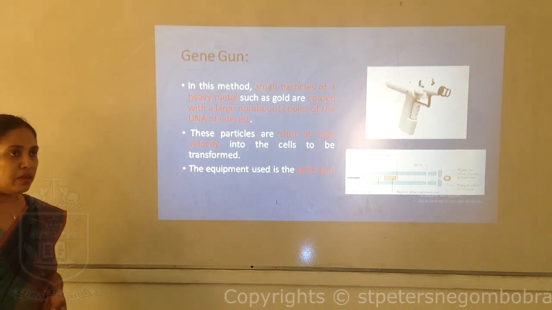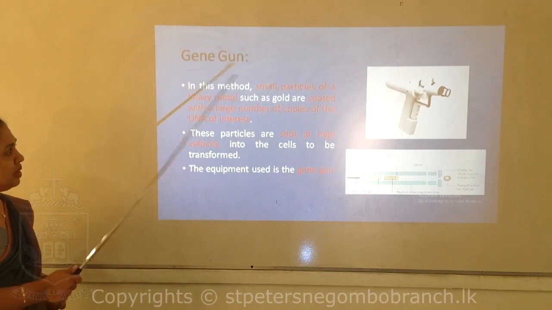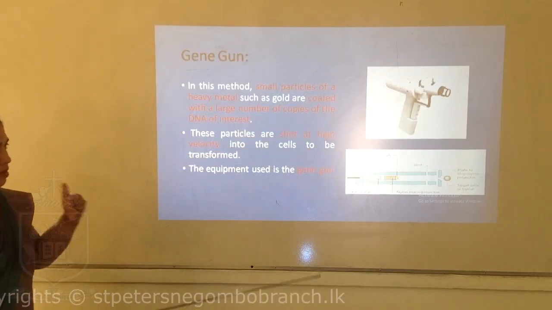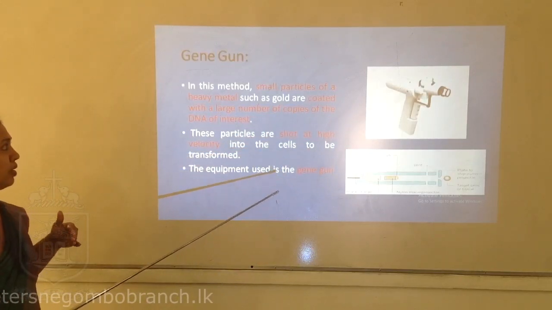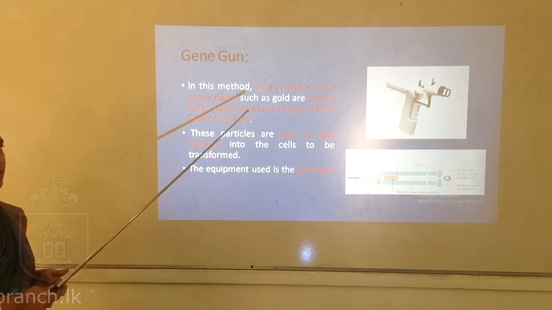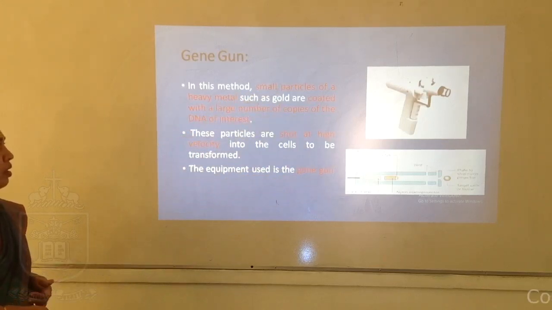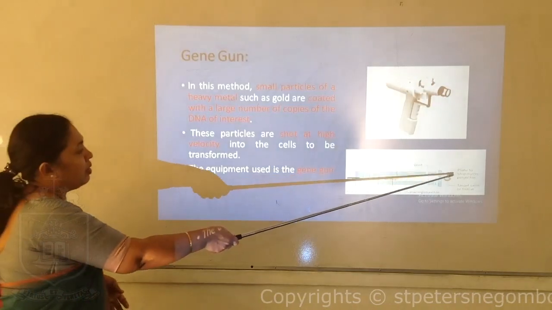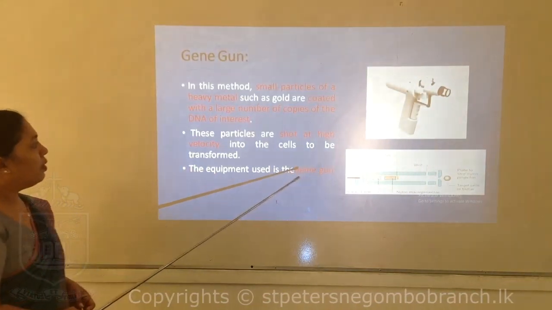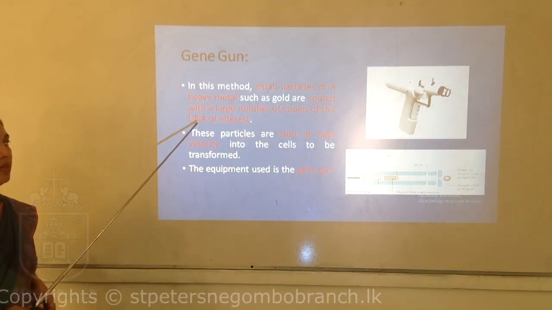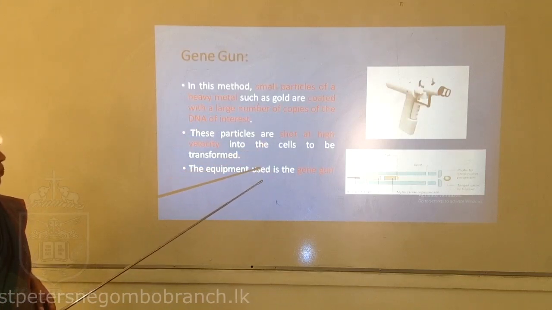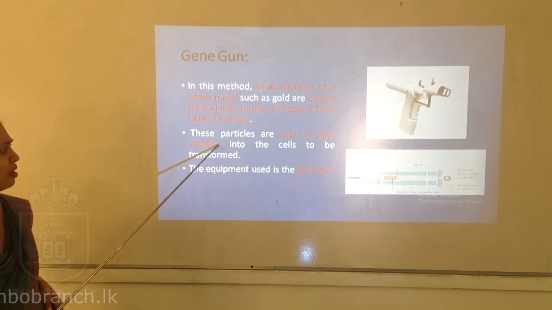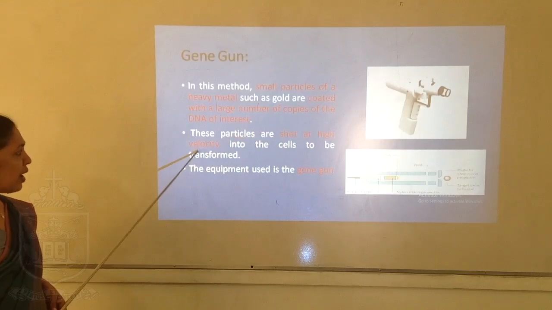This is a more advanced method, the gene gun method. This is the gene gun, it is like a gun, and it uses small particles of heavy metals such as gold. Those small particles are coated with a large number of copies of the DNA of interest. So these particles are shot at high velocity.